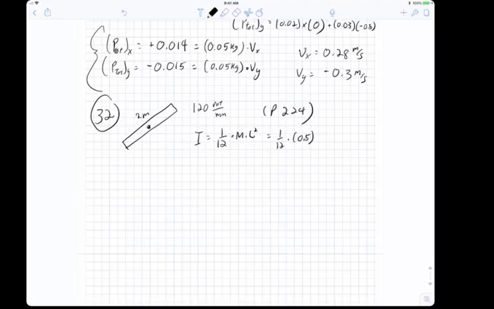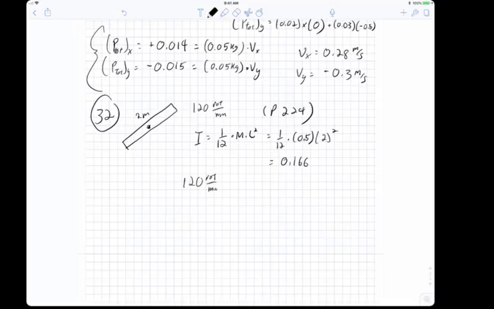And the length here is 2 meters, which is 2 all squared. 1 divided by 12 times 0.5 times 2 times 2 gives 0.166.